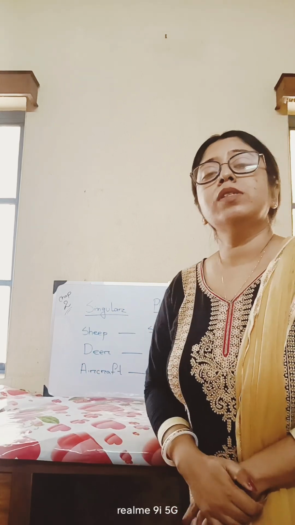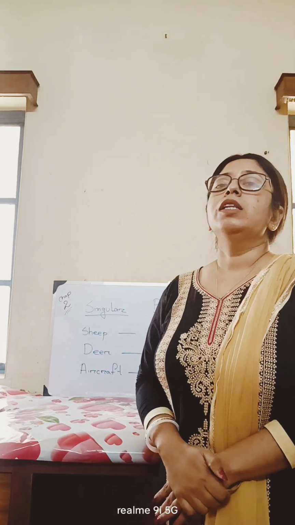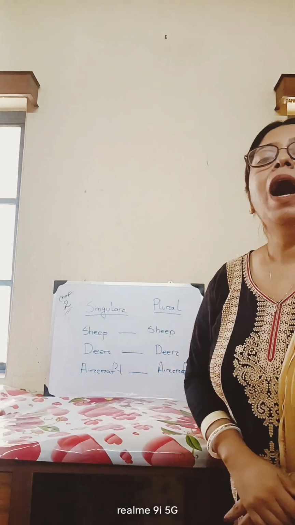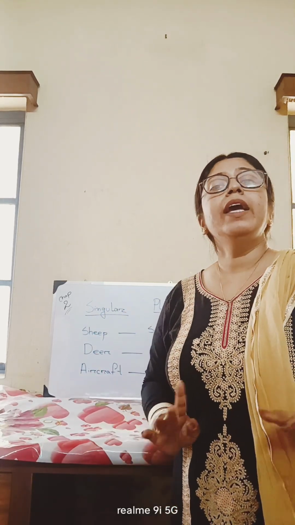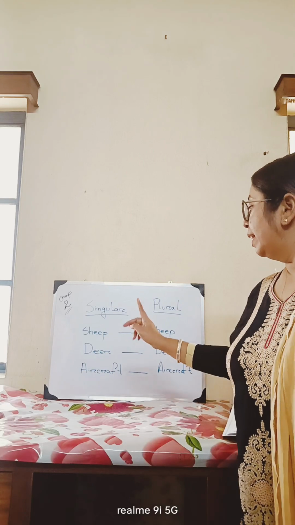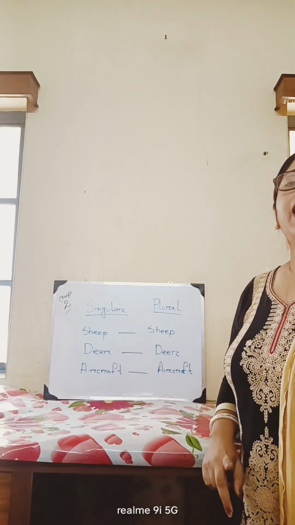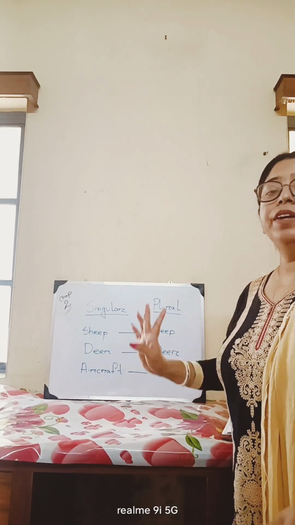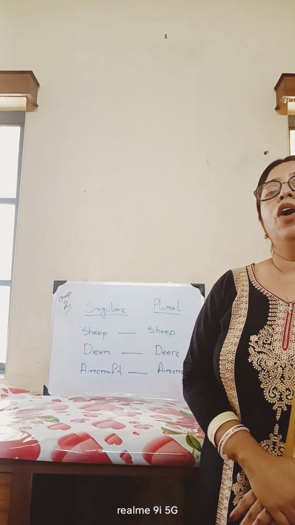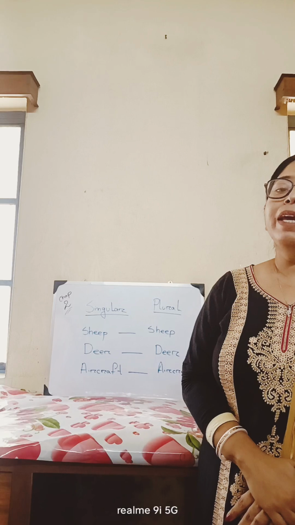Here are also some exceptional cases. The nouns whose singular and plural forms are the same don't change. They remain intact. Like sheep, sheep, deer, deer, and aircraft. The singular and plural forms of these nouns remain the same.